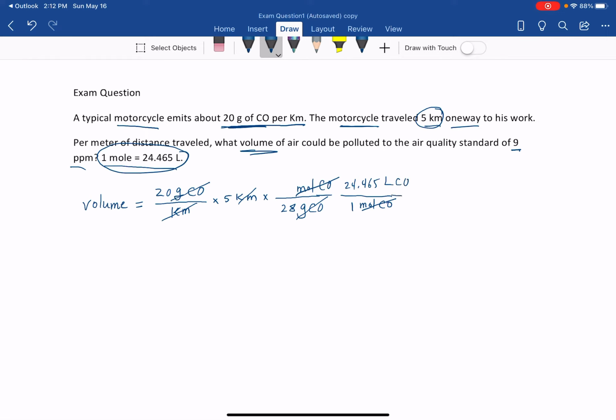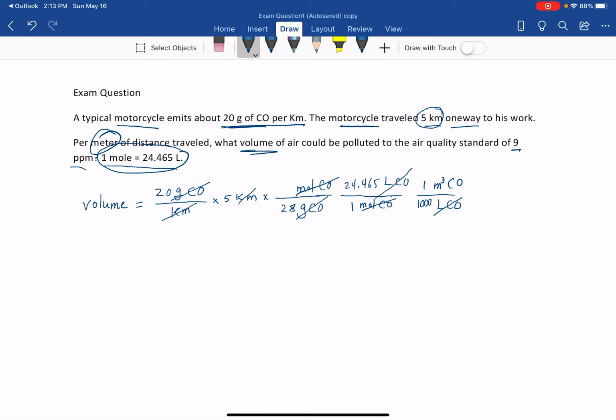So now you change this to meter cube because he just needed per meter. So you're going to make the volume meter cube. So liter carbon monoxide, meter cubic carbon monoxide. And we know by conversion 1 meter cube is equal to 1,000 liter carbon monoxide.